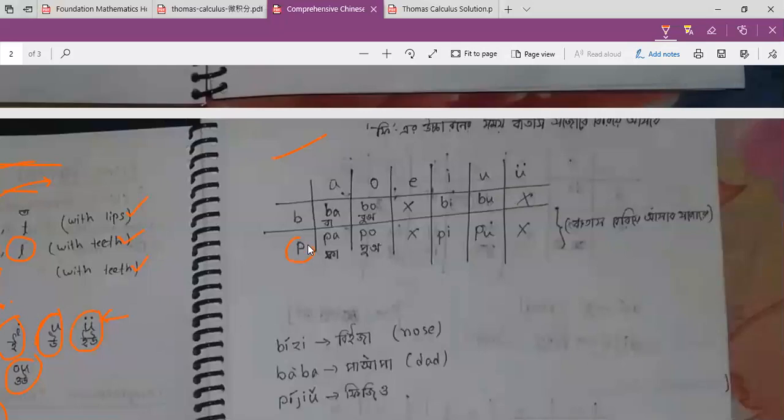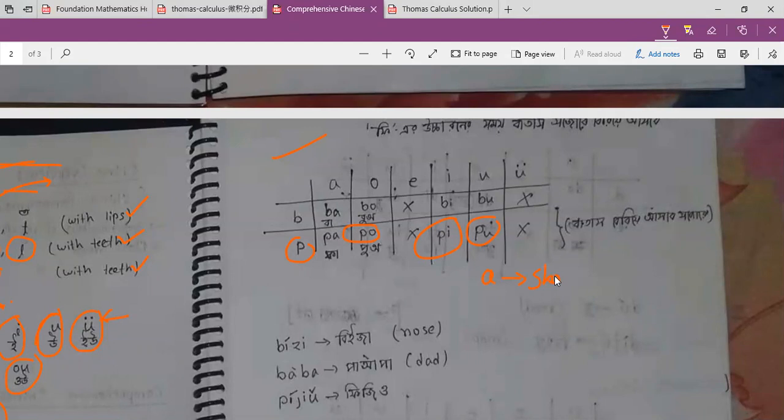We pronounce P like pa, puo, pi, pu, right? The air will come out like a shock, suddenly.